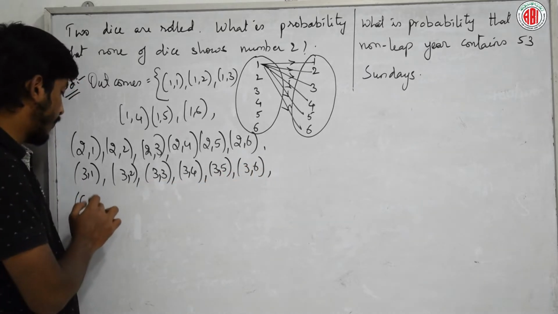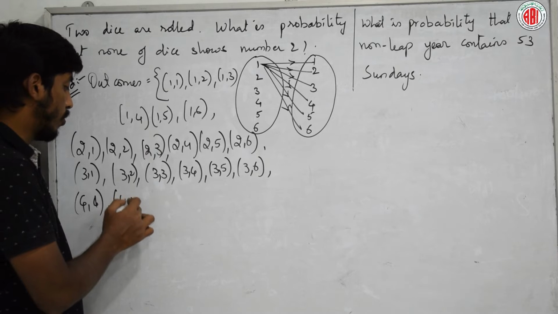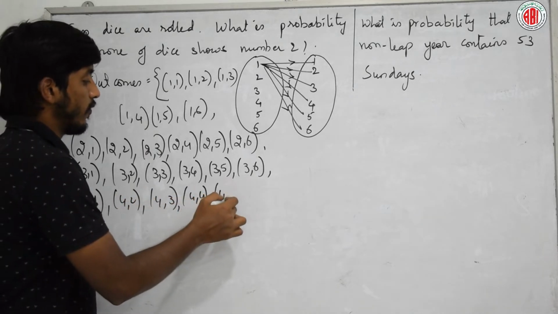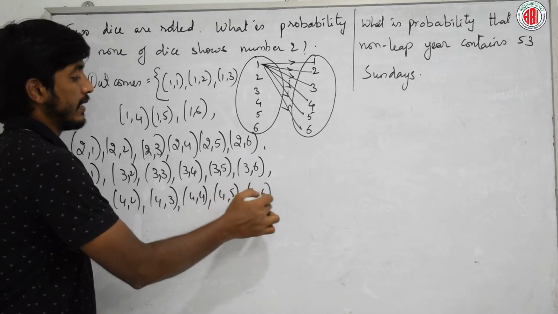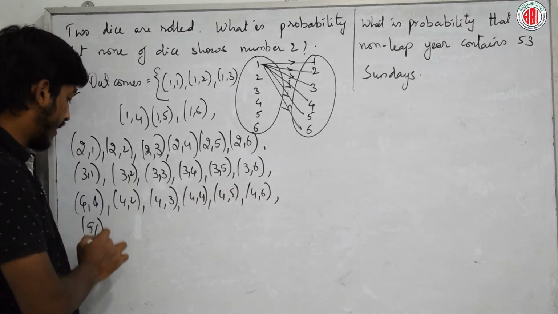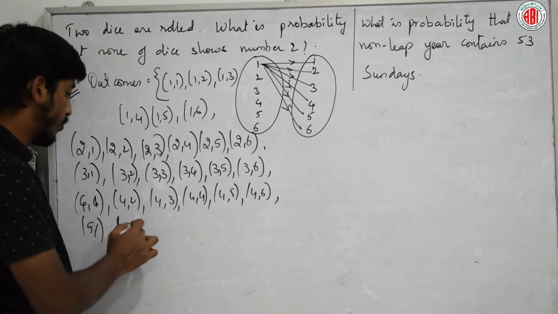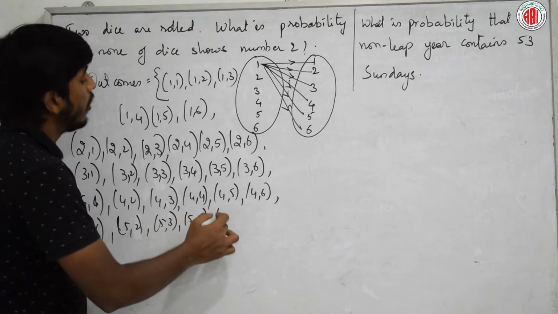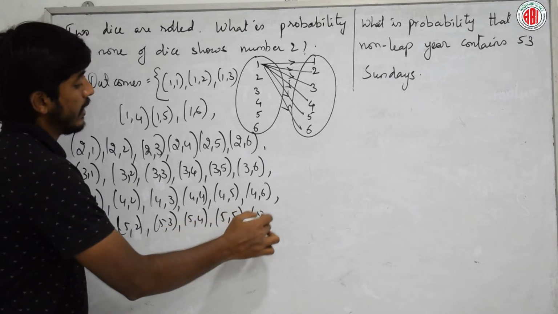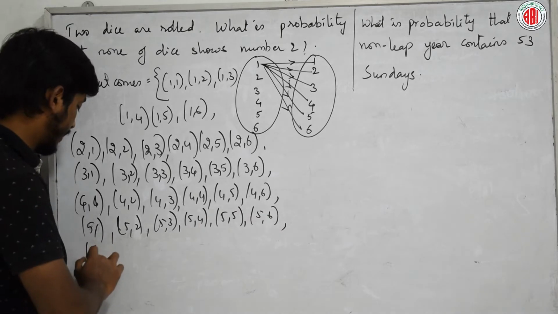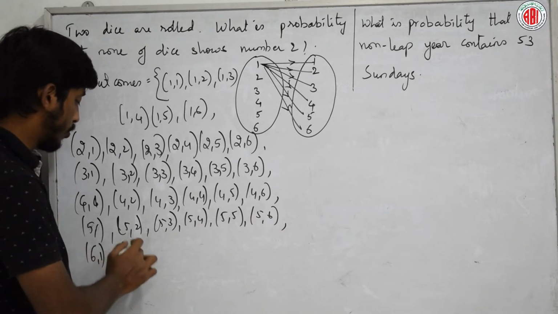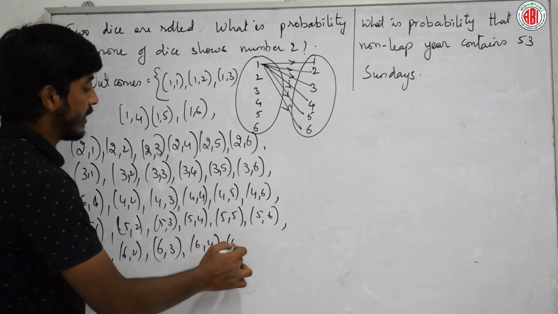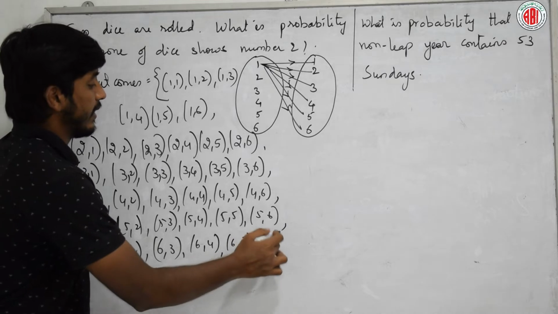Similarly for 4: 4,1; 4,2; 4,3; 4,4; 4,5 and 4,6. And the next 5: 5,1; 5,2; 5,3; 5,4; 5,5 and 5,6. And the next 6: 6,1; 6,2; 6,3; 6,4; 6,5 and 6,6.